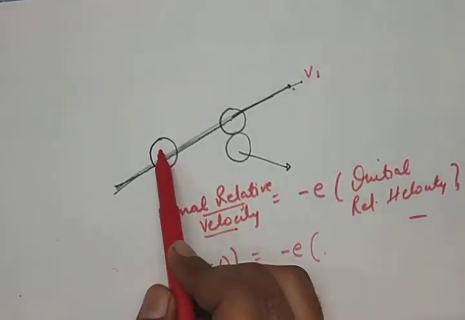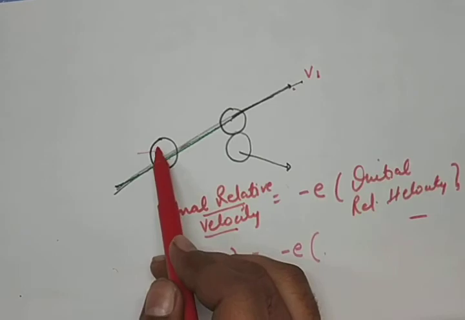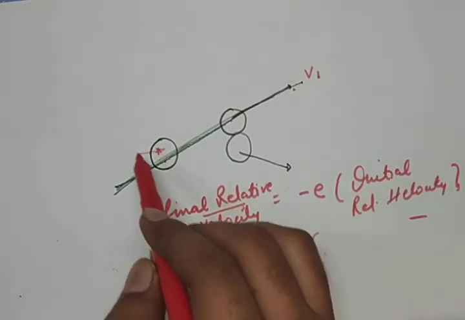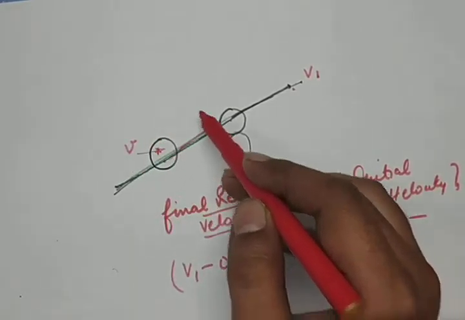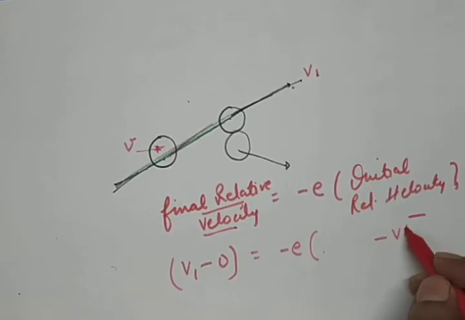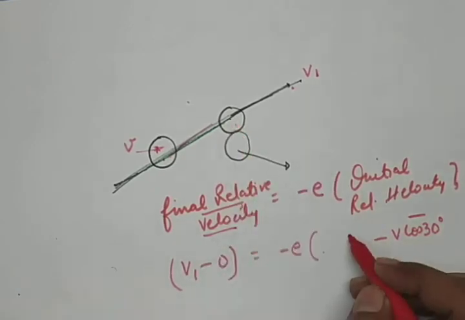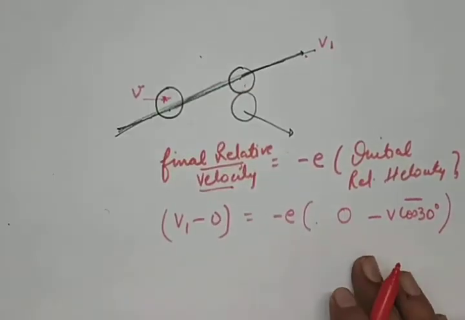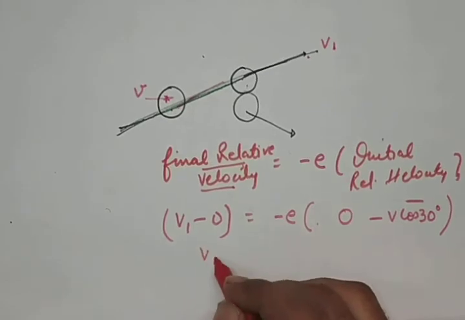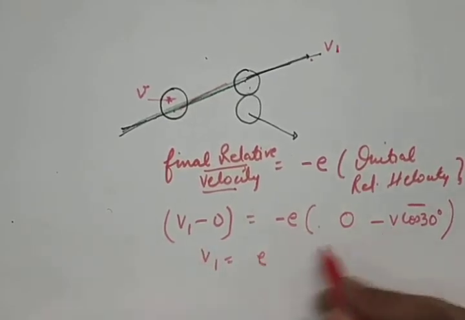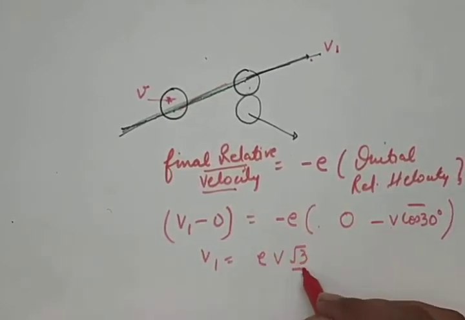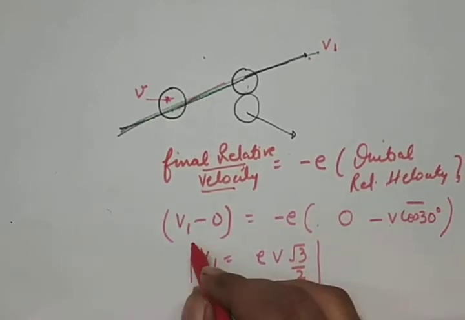Initially this body will move with some velocity v, so along this direction the component will be v cos 30, and initially it was at rest, so this is 0. From here v1 equals e into v root 3 by 2. This is the most important concept.